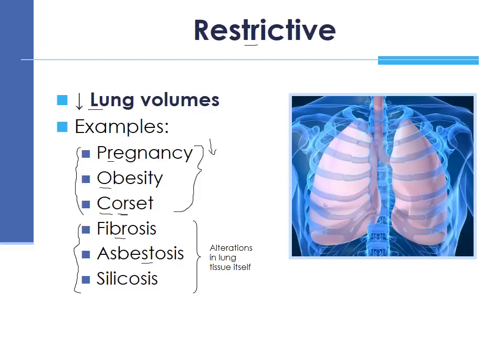As we said, these three bottom examples are associated with industry. So there's physical alteration in the lung tissue itself, which restricts the lung from expanding maximally, thereby decreasing the lung volumes that can be inhaled.